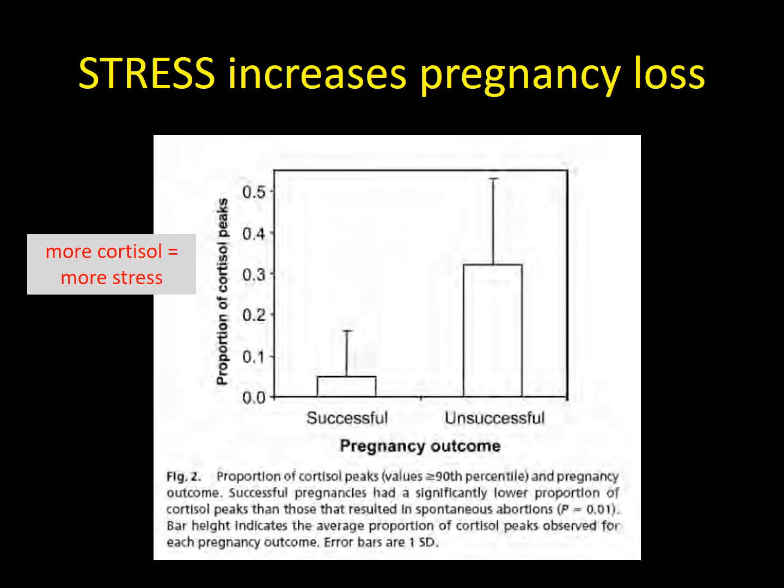And what the graph shows is that more cortisol, and remember I called cortisol the stress hormone, it's produced by the adrenal glands under conditions of stress. More cortisol means more stress, and it led to a higher chance of an unsuccessful pregnancy, aka a spontaneous miscarriage.